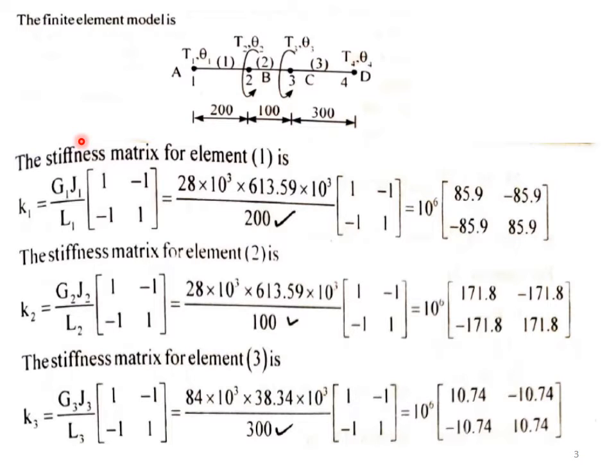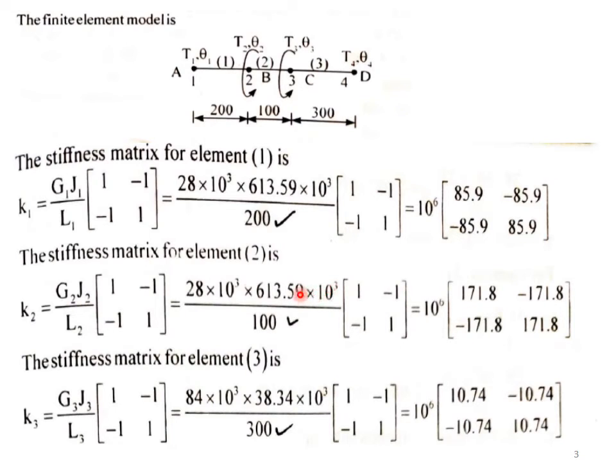The stiffness matrix for element 1 is K1 equal to G1 J1 by L1 times the matrix [1 -1; -1 1], that is 28 into 10 to the power of 3 into 613.5 into 10 to the power of 3 divided by 200. Upon solving, we get 10 power 6 times [85.9 -85.9; -85.9 85.9].